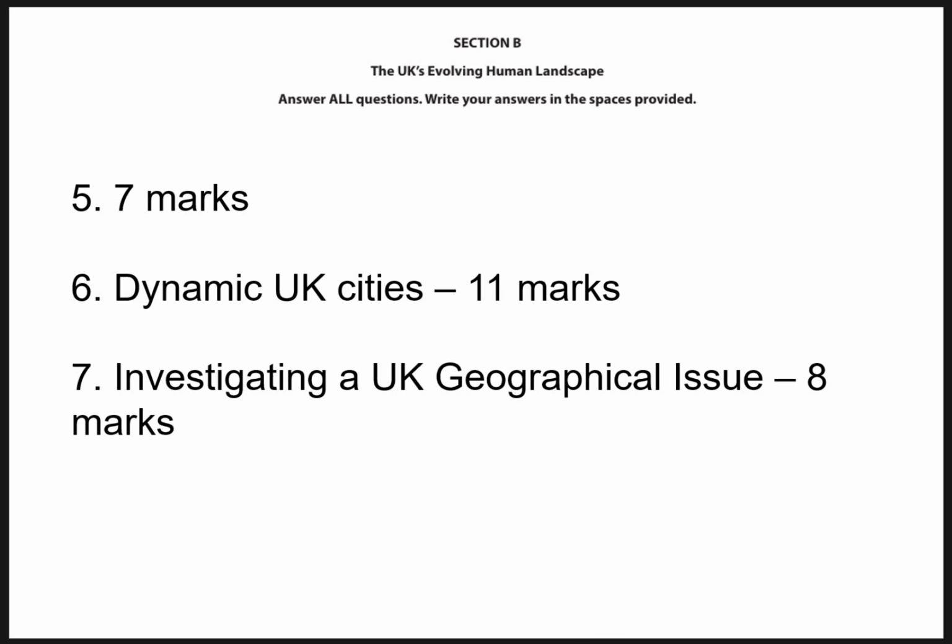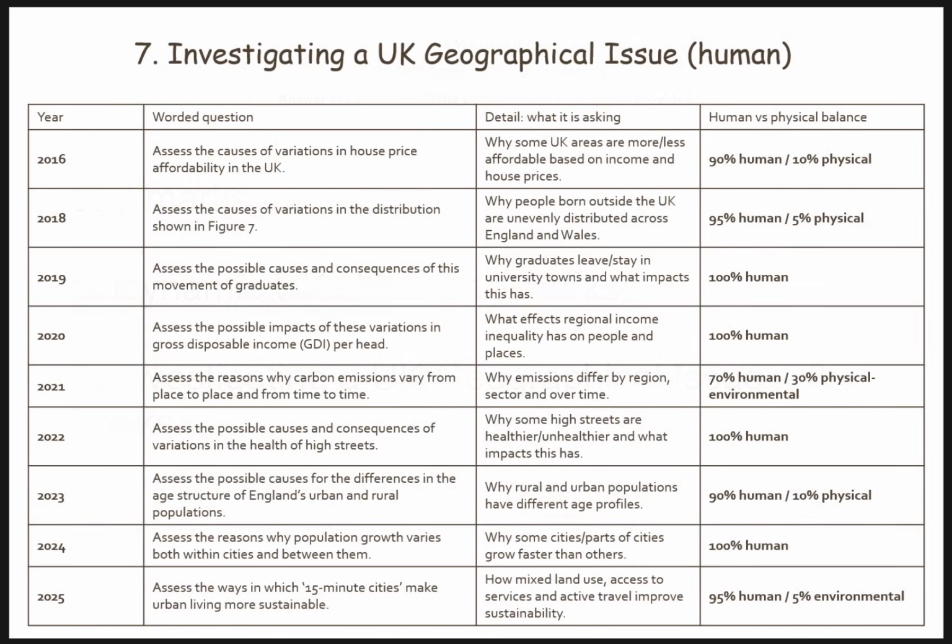The 7-mark questions look like this, so we won't do any of these here. We're just going to move straight on to the last section of coastal fieldwork, section C1, and then we'll stop there. So these are the questions that you'll see for the human geography 8-mark question. So you get a chance to review those, it'd be a good idea.